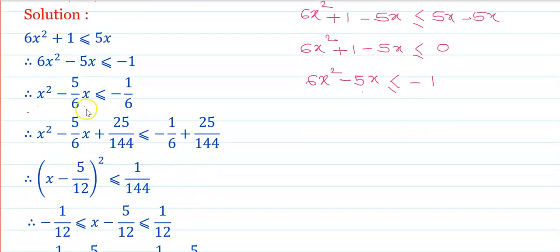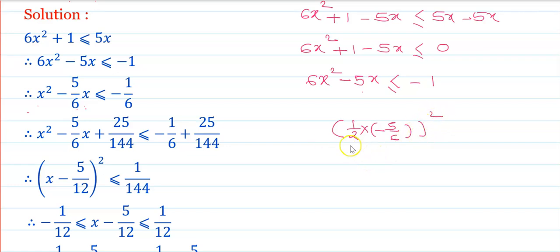Okay. Now we will make a perfect square. Then what is the third term? Third term is, add on both sides 1 by 2 into the coefficient of x. What is the coefficient of x? It is minus 5 by 6. Therefore, I will write here minus 5 by 6 bracket square.